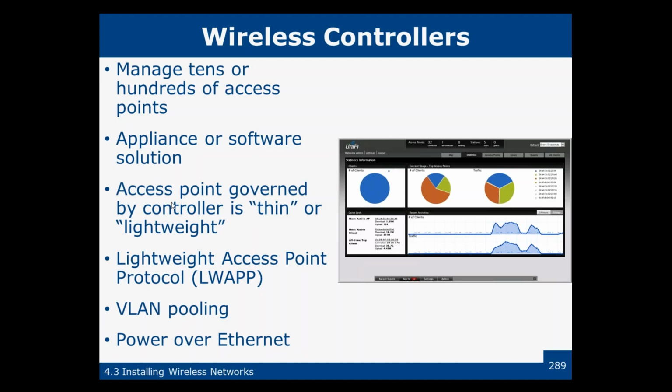What we have with the configurations that we can manage on our access points is a thick access point. What I found interesting was in Cisco, when you upgrade an access point, you upgrade it to lightweight. You take away your ability to manage it and make it a lightweight. It's managed by the wireless controllers. And the lightweight access point protocol is the protocol that's used to do these things.